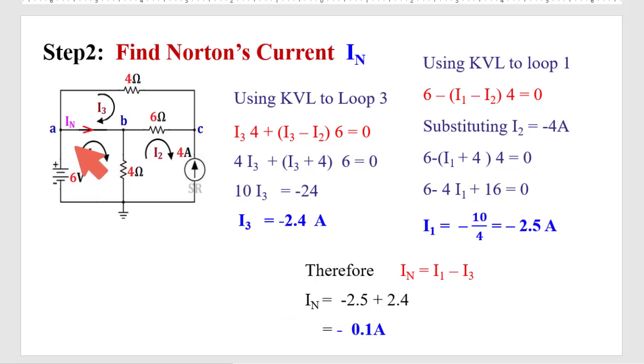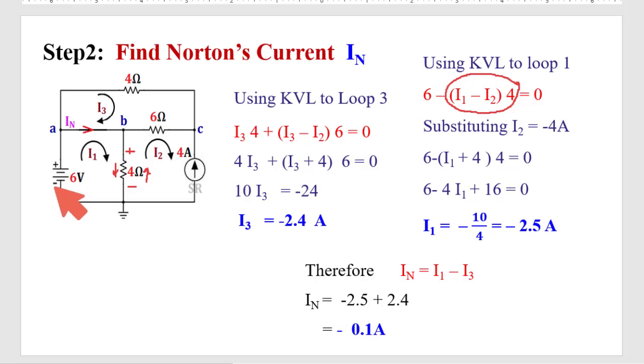Now using KVL in first loop, I1 is flowing in this direction and I2 is flowing in upward direction. So (I1 minus I2) multiplied by 4, this is the potential drop across this resistance, and the polarity is here, this will be positive, this will be negative. This is that potential drop across 4 ohm resistance.